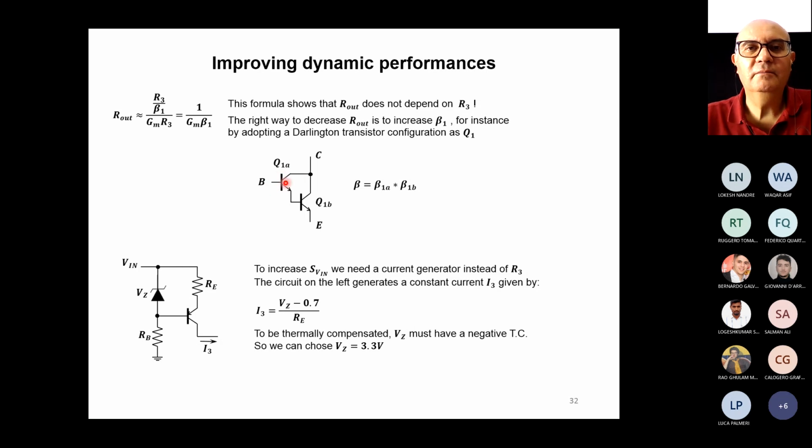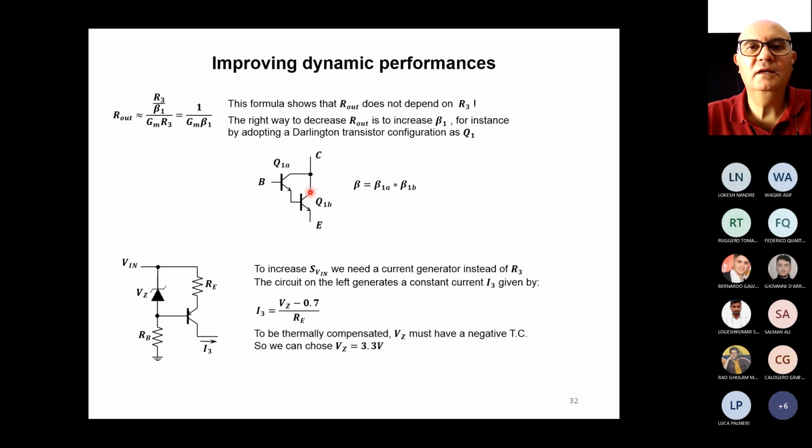In which way? We have a first transistor that is a small signal transistor, basically, where we have a base current that is amplified by the beta 1 of the transistor. And then we take the emitter current of this first transistor and we send it to the base of the second transistor. So the final current in the second transistor, Q1B, obviously has to do with the collector current, but in this moment we are considering the collector and emitter current more or less the same with a small error.